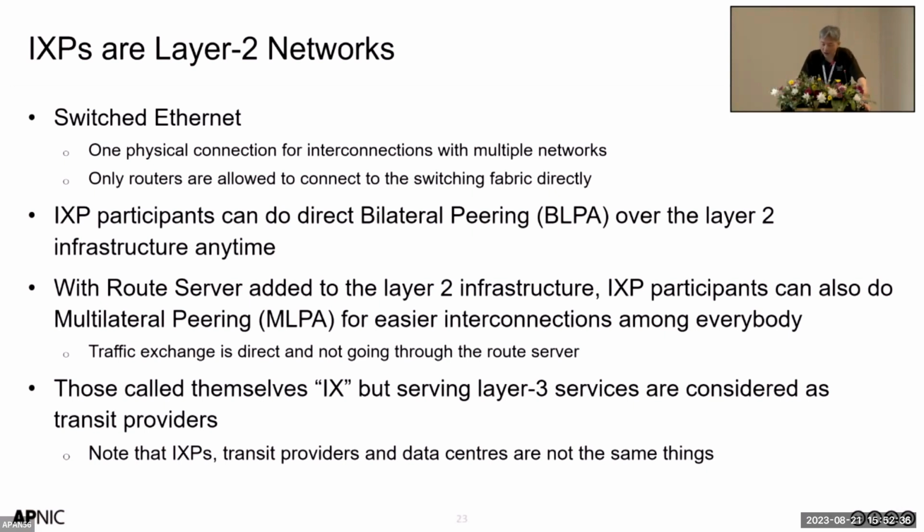You should not allow other kinds of equipment like servers to connect to it, unless the servers are managed by you. And because it's a layer 2 network, all the participants can do bilateral peering over the layer 2 infrastructure anytime.